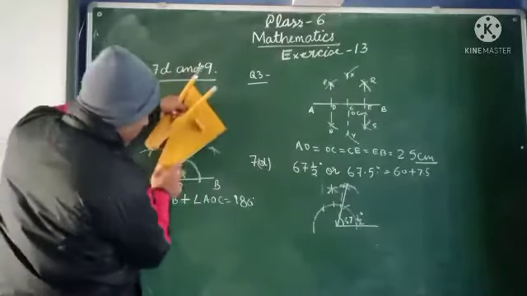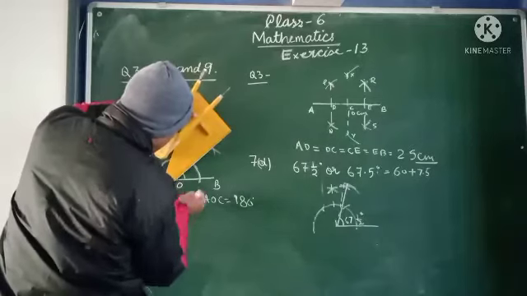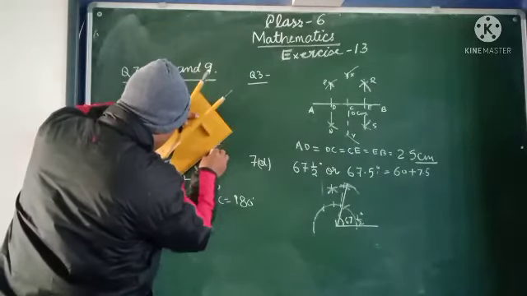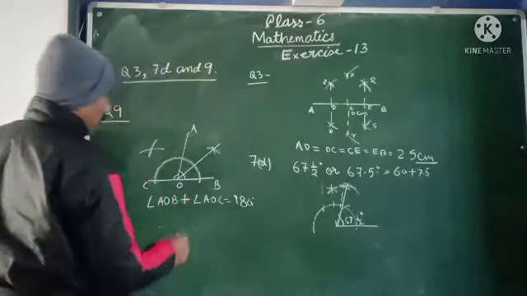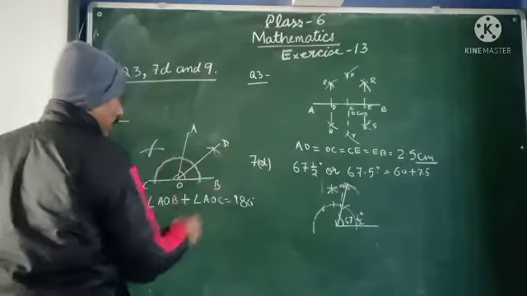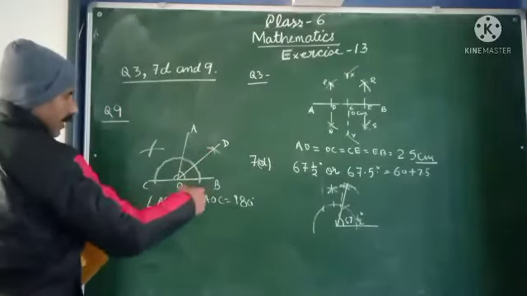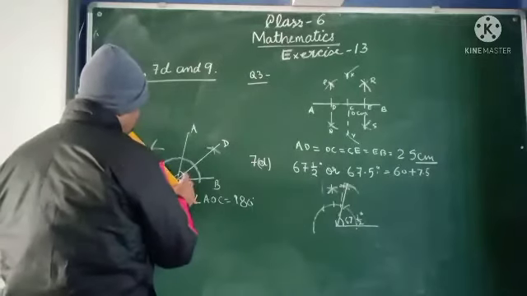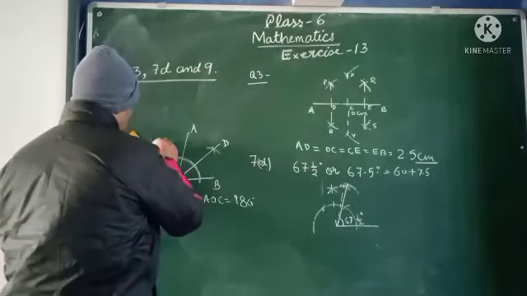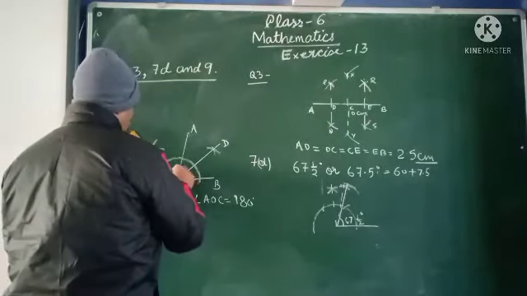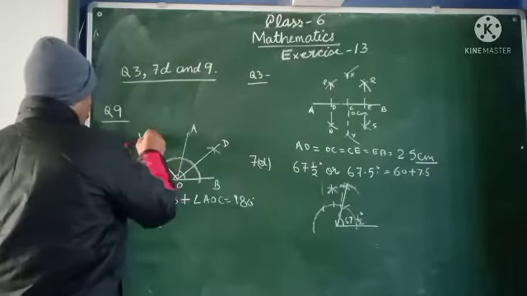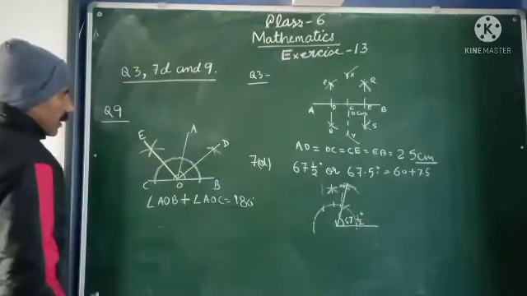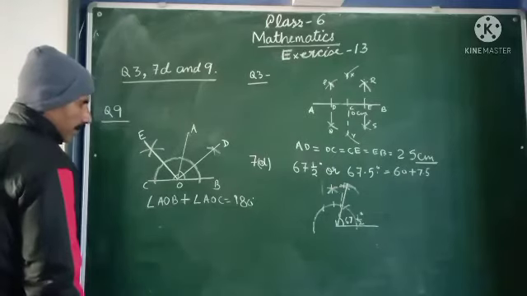You can see we join this. If I call this point D, then DO bisects angle AOB, and when I join this point E, then EO bisects angle AOC.